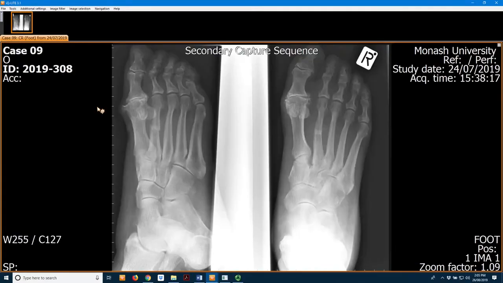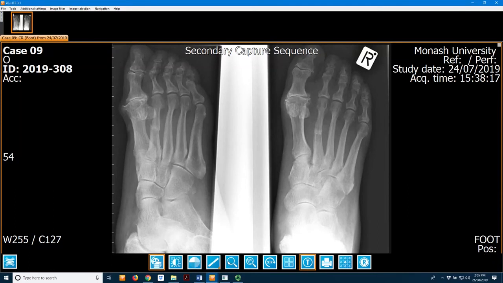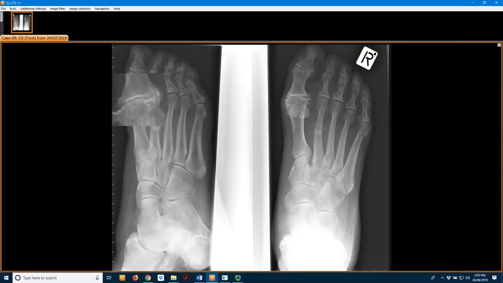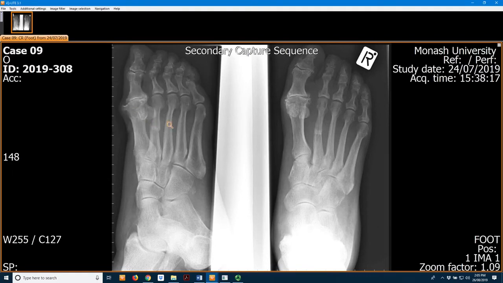And then for case 9. So this is a patient with chronic pain in the metatarsal region, and there is a history of a previous fracture. So if we zoom into the image here, we can see that there is significant osteoarthritic changes to the first metatarsal phalangeal joint.